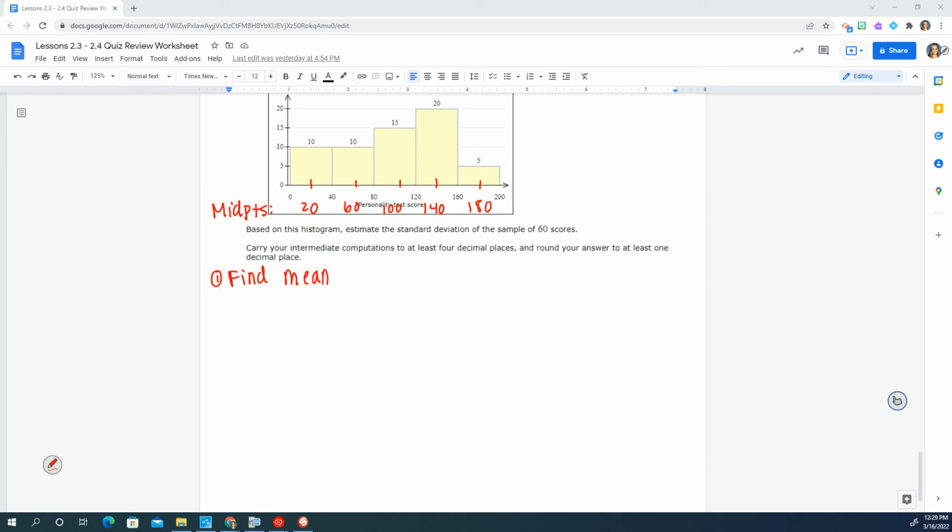So I'm looking here and I'm like, was this a sample or population? And it says sample. So that'd be my X bar. All right. So just like we were saying, we do have to use the midpoints. But we also have to factor in how many people responded in each class.